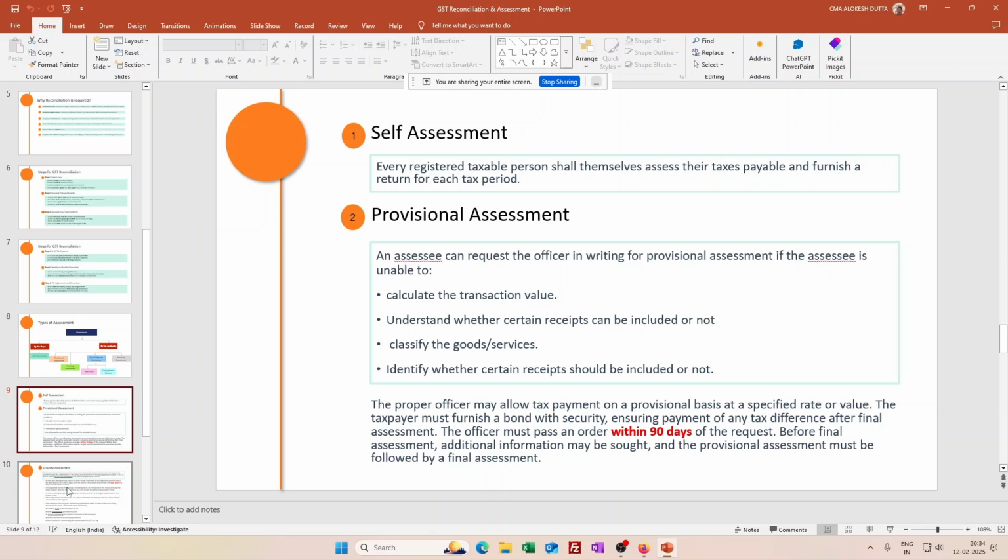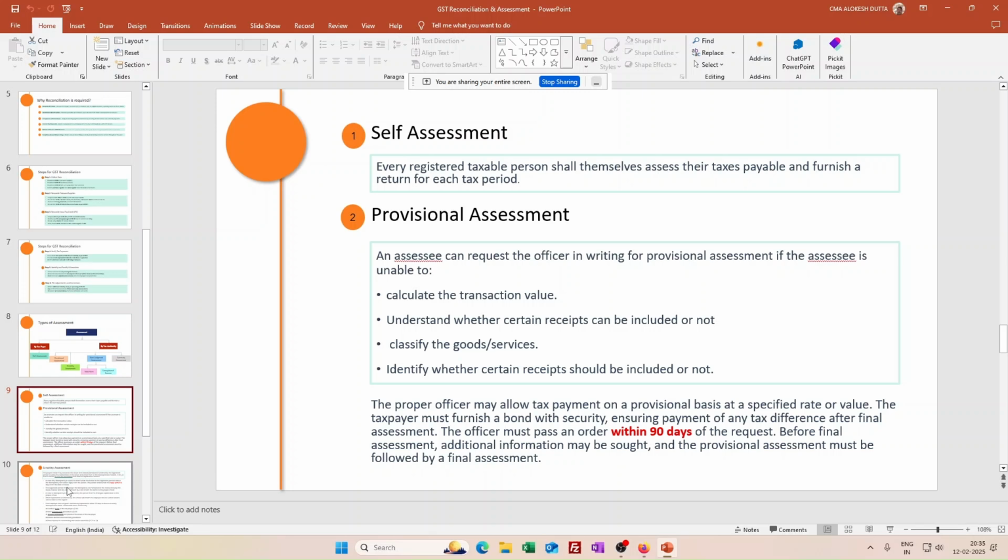Understand, if he is unable to understand whether certain receipts can be included or not, that means whether ITC should be claimed or not, he is unable to assess. Classify the goods or services, whether it is goods or services, or goods and services both.